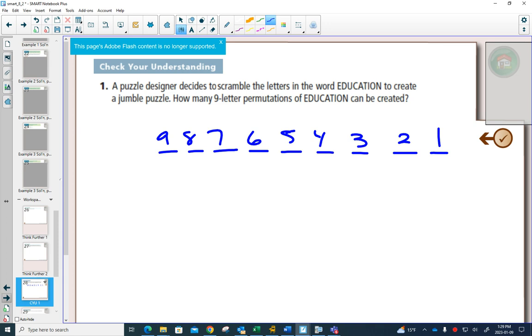You could put any letter first. Any letter, then you've used up a letter, so now there's only 8 choices for the next letter. Does it make sense why it goes down by 1 each time? And the number of rearrangements of the letters from the word education ends up being 9 factorial.